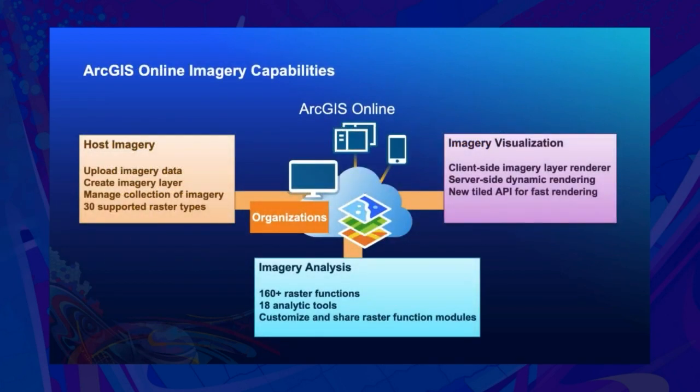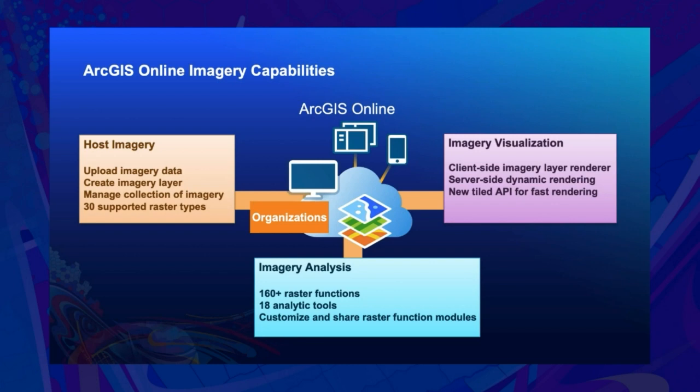Now let's have a quick overview of the ArcGIS Online Imagery capabilities. To the left, you can use ArcGIS Online Imagery to host imagery data. What that refers to is that users will have the ability to upload imagery data and create imagery layers in the ArcGIS Online organization where you have the imagery capability enabled.